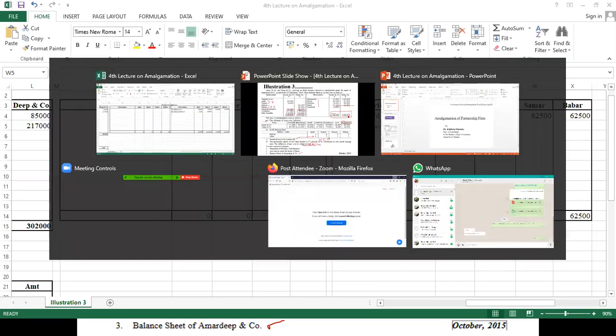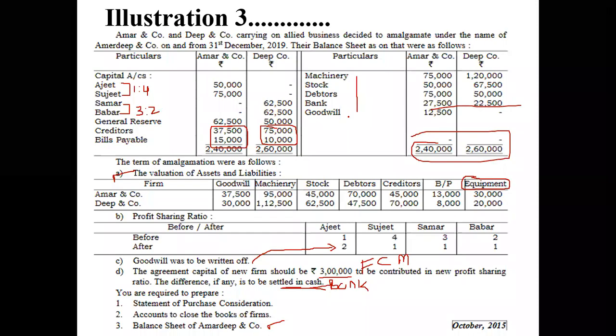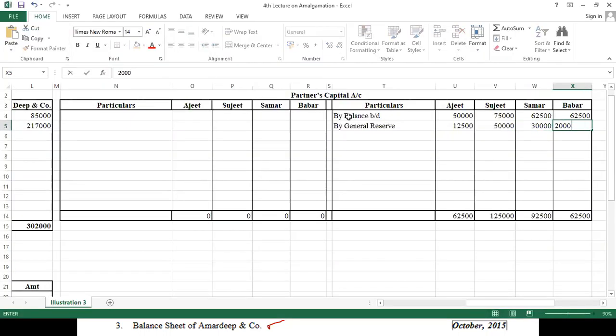Now for Deep and Company, we have general reserve 50,000. So straight away, it is a very simple calculation, 30,000 and 20,000.